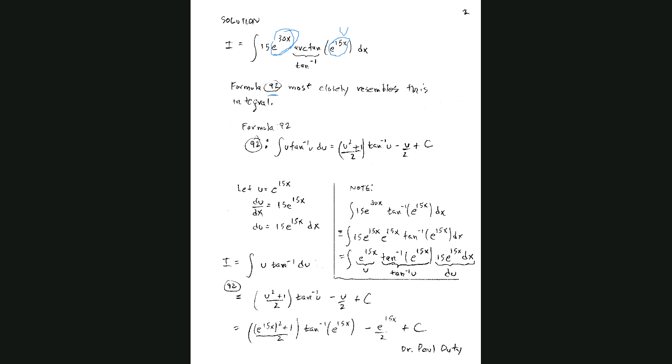Okay, so I'm going to let u equal e to the 15x power, and I get du then by the chain rule. But this problem involves a little trick. You see, the e to the 30x, I can write that as e to the 15x times e to the 15x power.